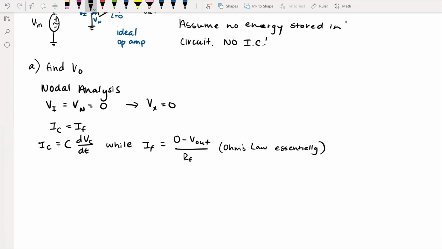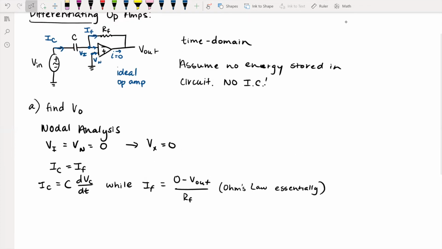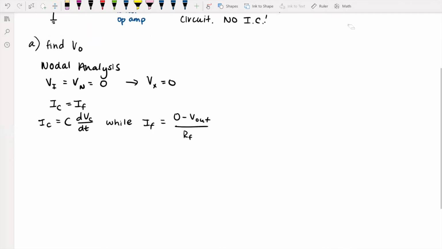Since this is equal to 0, all the current has to be going from Vout to this Vin, which is equal to 0, and it goes through this resistor RF. So let's rewrite our equation as C dVin over dt equal to 0 minus Vout over RF.